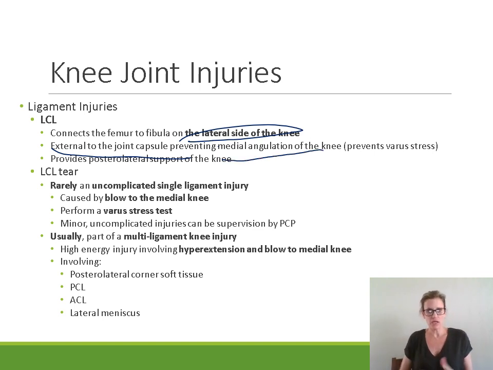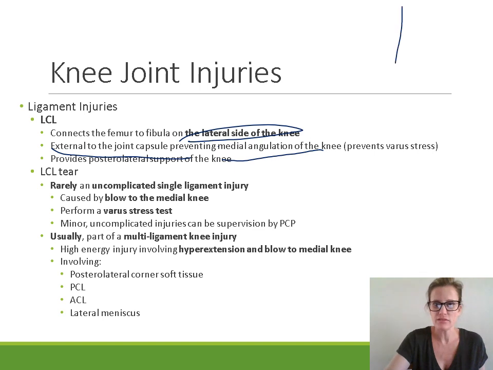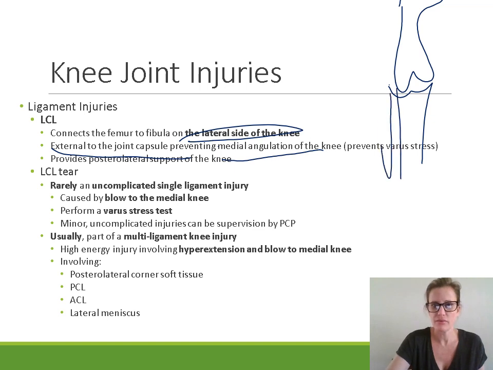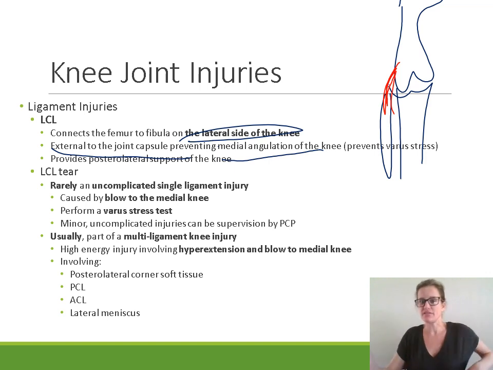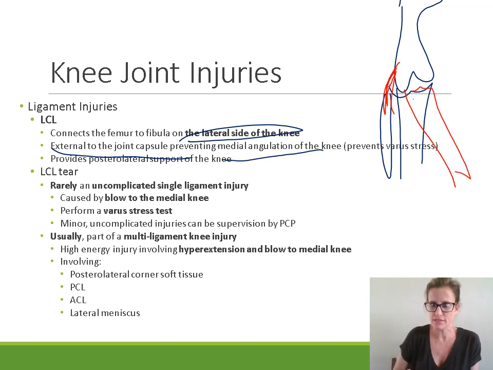So the opposite. If this is my femur, right, and my tibia, and then my fibula is out here, I'm talking about the lateral collateral ligament. So I'm talking about my ligament right here. And this is preventing varus stress. This is preventing my leg from angling inward like this, right?